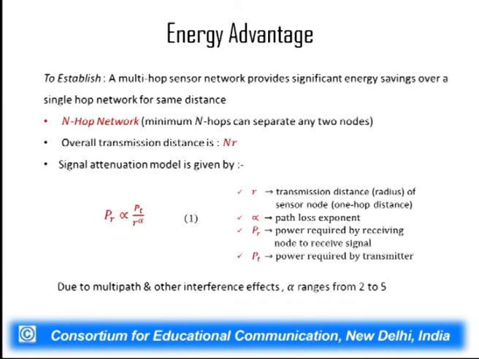N is the minimum number of links or hops that separates any two nodes. One of them is a source and the other is the destination, and between these two nodes there might be many nodes relaying the data from the source to the destination. Since they are separated by n hops or links, we call it an n hop network.